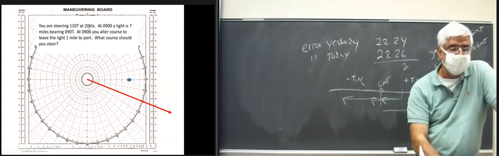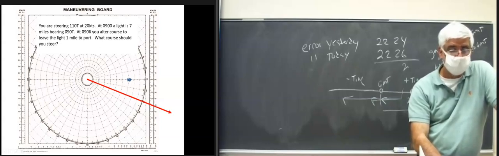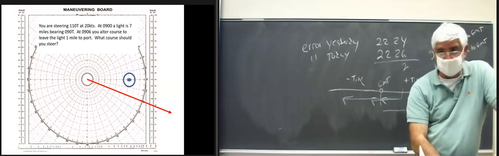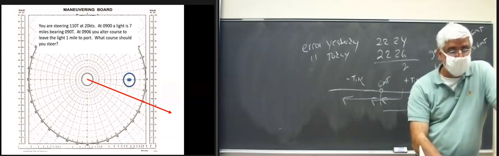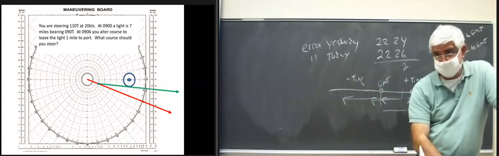Take your decimal, move it 1 place: 2 miles. That means when I alter course, I'm going to be there. Now, how far do I want to be off this light? 1 mile. So I put a 1 mile ring around it with my dividers. Now I mark that spot, and then I draw a line from it tangent to that ring.